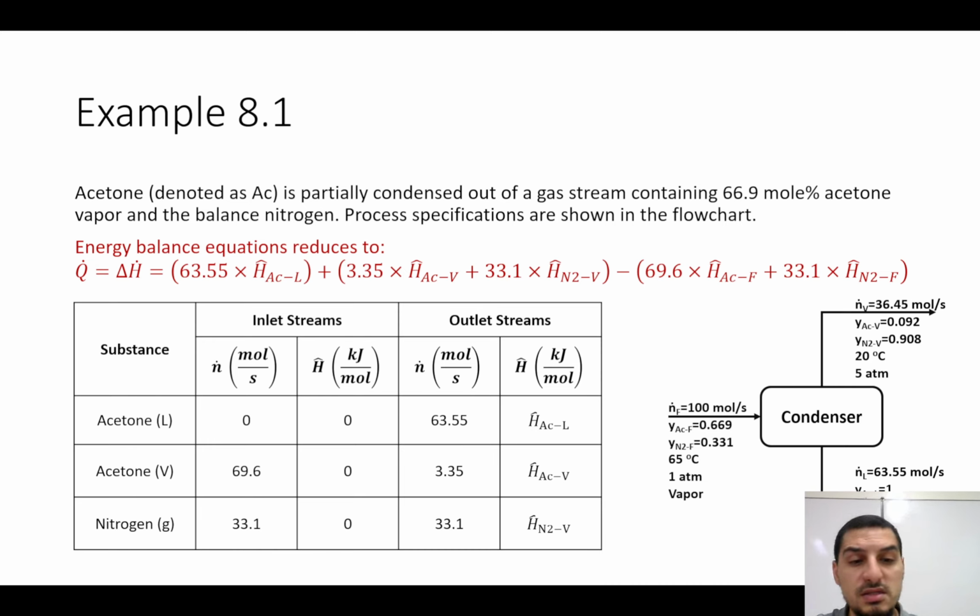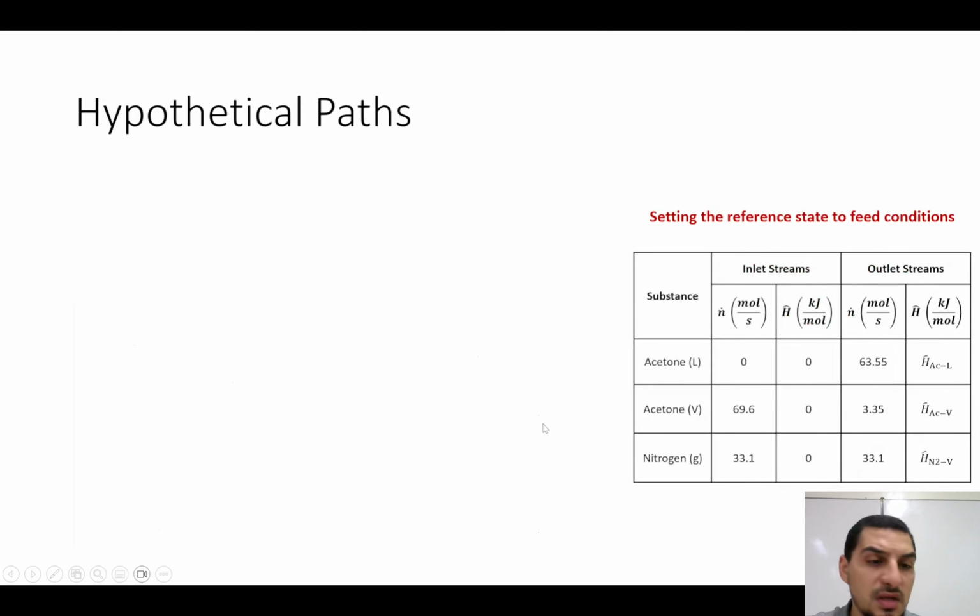By a very quick look at this example, you would see that we have 2 terms that would be easy to calculate, because in this case we have vapor turning into vapor at different temperatures, so we don't have any phase change, which would make the calculations easy. The one that would take more time is the one in the liquid phase. So we have to construct the hypothetical path.